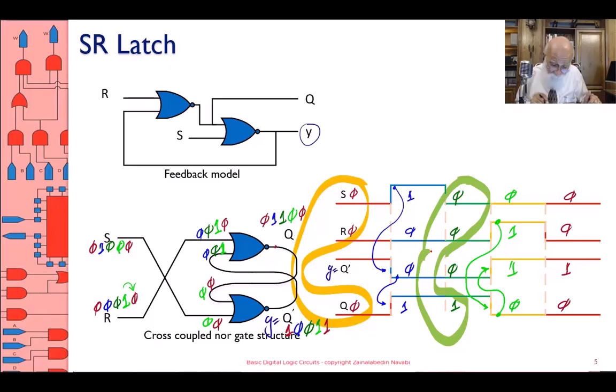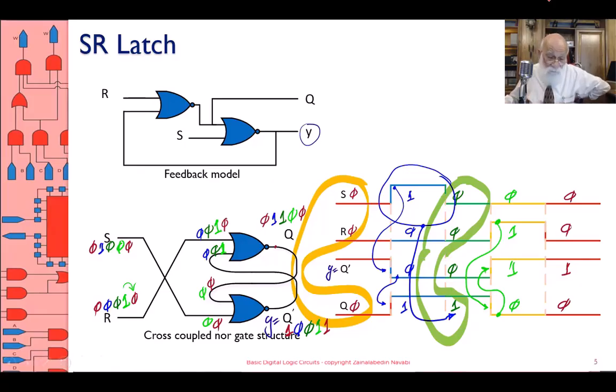Actually, what my circuit remembers is whether the last positive pulse, meaning a pulse that goes from 0 to 1 back to 0, was on S or was on R. If the last positive pulse was on S, as a result, the output is set to 1 here.